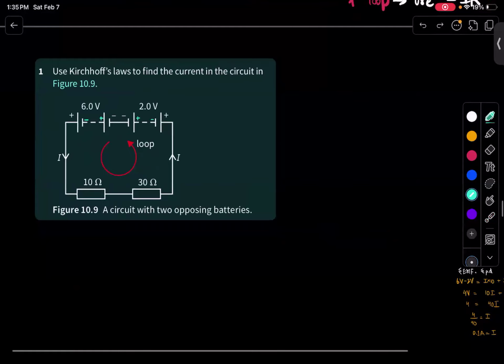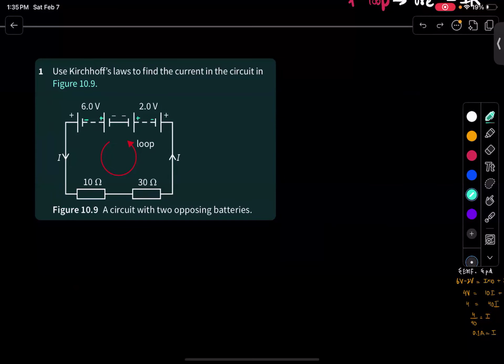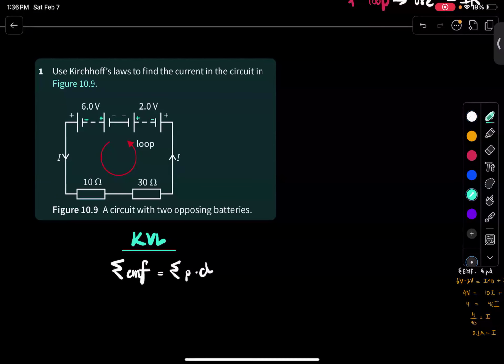Okay, so I don't think we need Kirchhoff's current law. We will need Kirchhoff's voltage law over here. So KVL says that the sum of EMFs is equal to the sum of potential differences across any loop. You can choose the loop, by the way, right? So what is the sum of EMFs? It's going to be 6 minus 2 because negatives are connected with negatives.